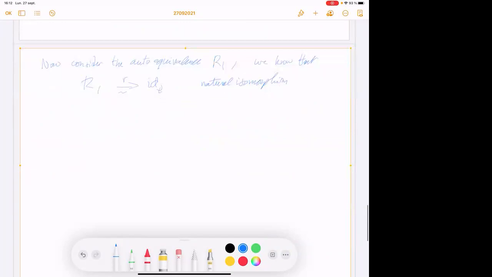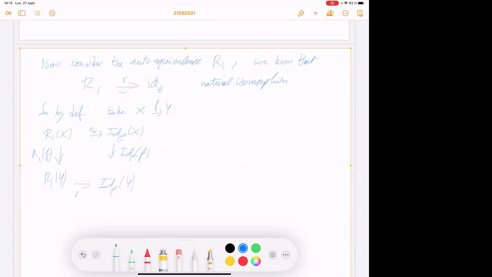So by definition, you take x, f, y. Then you can write like that, R1 x, R1 f, R1 y, Rx, identity of C of x, identity of C of f, identity C of y.